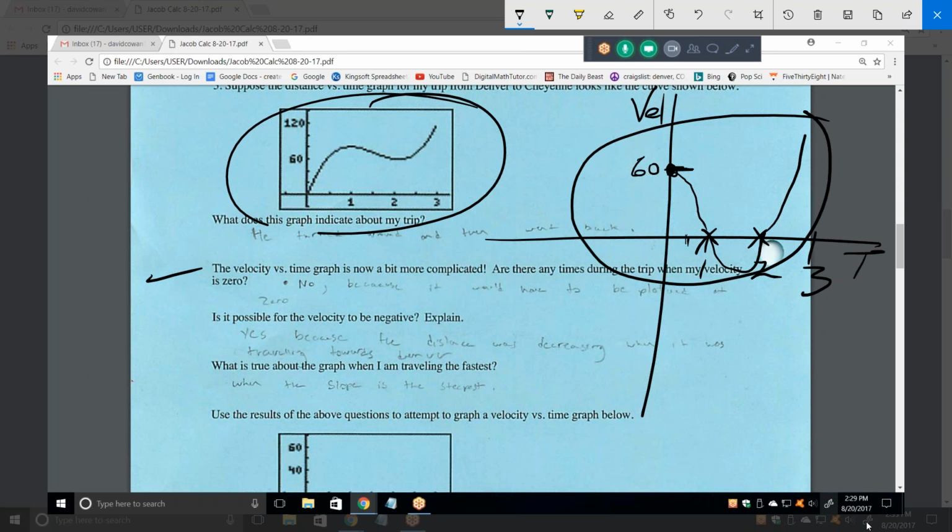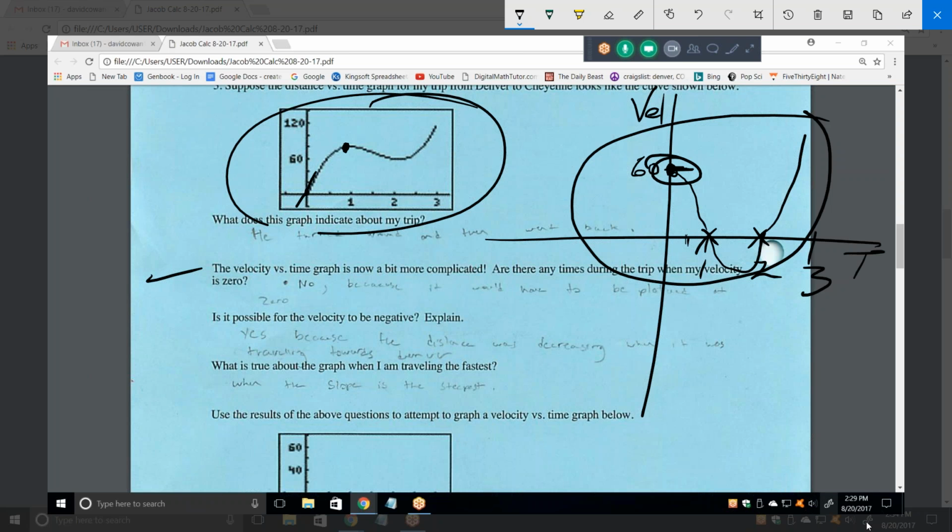Notice that at the very first point right there, my slope isn't 0, it's about 1. Well, it's about 60, because a slope of 1 here is 60 divided by 1. Okay, so my velocity starts right out at 60. And then clearly it's got to fall.